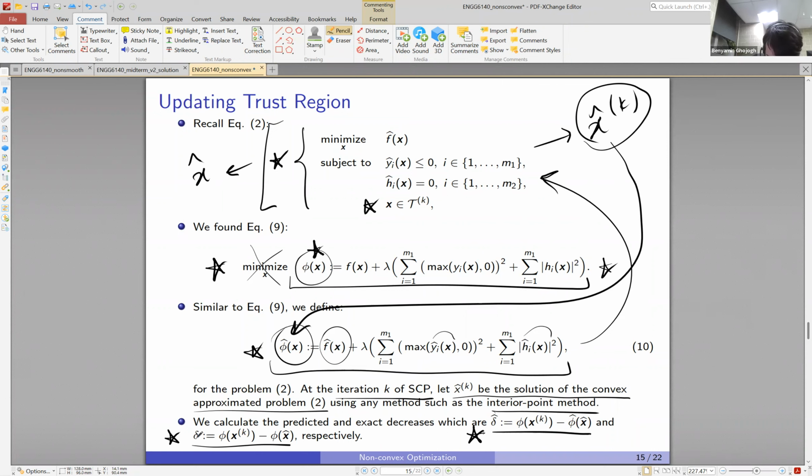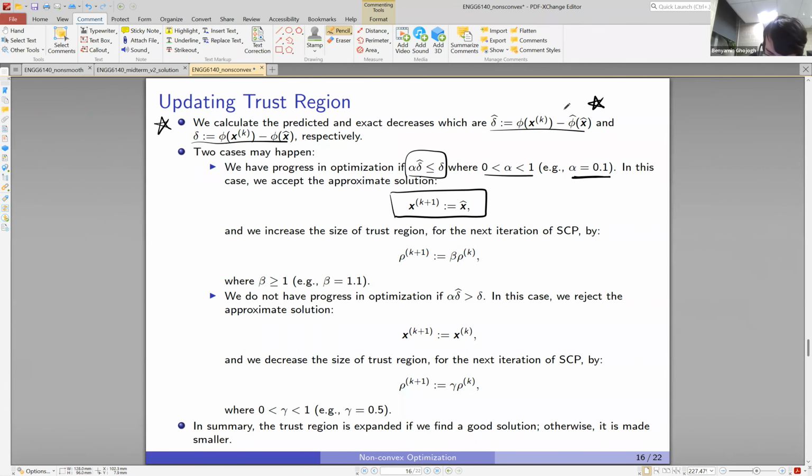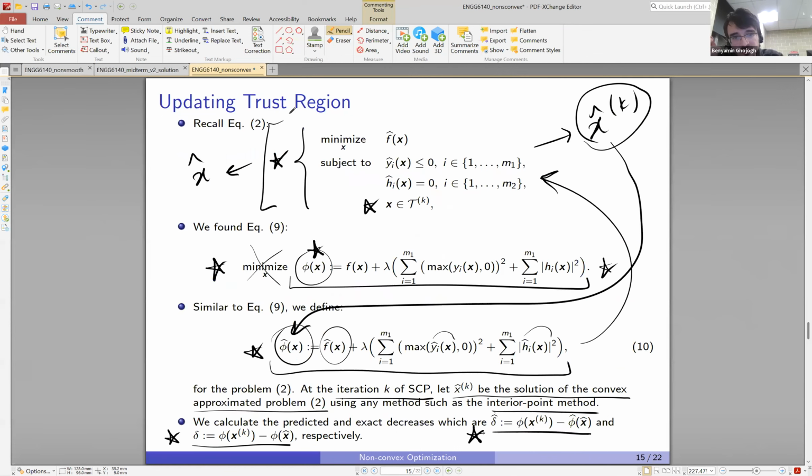We also have this delta, where we feed x k from the previous iteration to function phi, and we also feed x hat, the solution of this, to the function phi. This is also a scalar error, delta. What are they showing actually? Phi is a reformulation of the actual optimization problem where we embed the constraint into the cost.